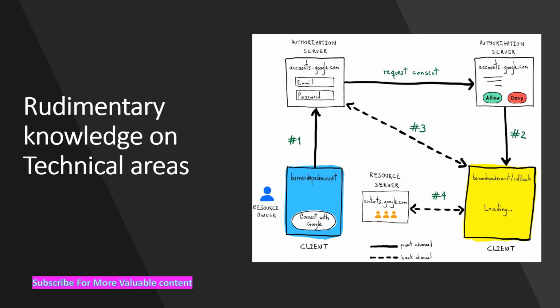So that language should be there. If you want that alignment and those perceptions with your team members, then have some basic knowledge of the technical areas, what they are discussing, what these terms mean. That kind of knowledge you should have. Okay, moving on to the next slide.